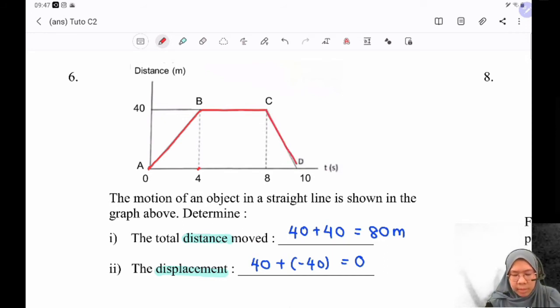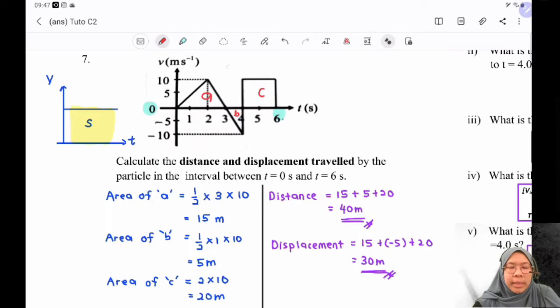Okay, and then daripada 8 ke 10 second, dia telah daripada 40 jadi 0. Maksudnya total distance dia pergi 40, balik pun 40. So total distance adalah 80 meter. Tapi in terms of displacement, dia pergi 40, dia patah balik negatif 40. So dapat 0. Okay, right, next number 7, the one that you have to include with your audio recording.